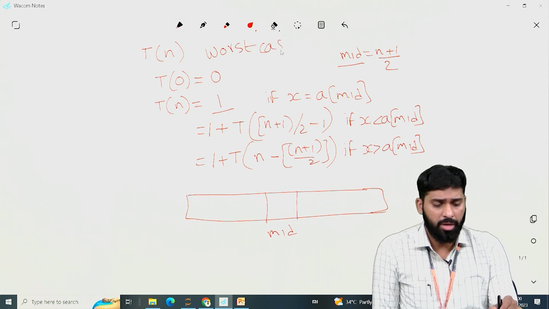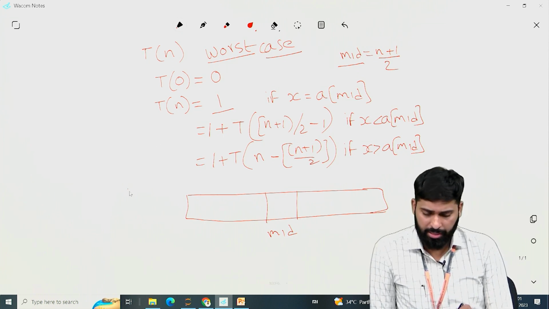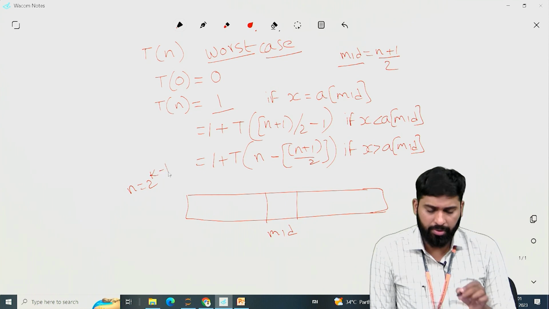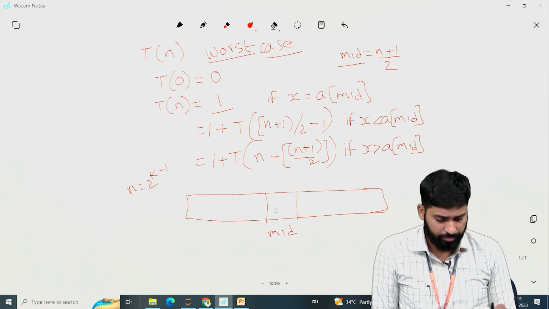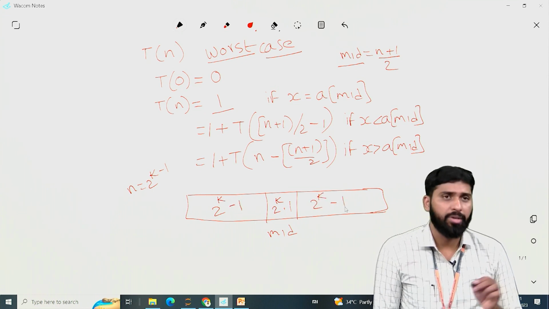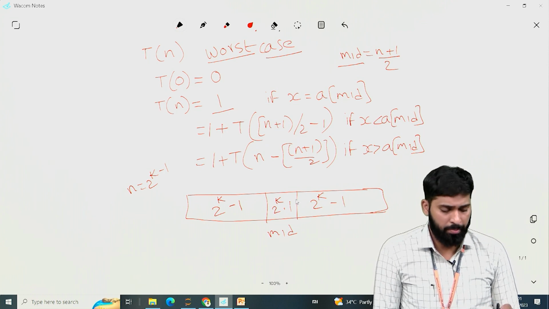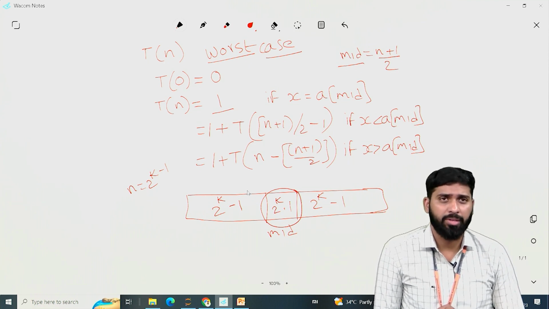Worst case analysis. Let us assume n equals 2^k minus 1, where k is a non-negative integer. The array is the mid element plus the remaining parts: one part is 2^(k-1) minus 1, and the other part is also 2^(k-1) minus 1.